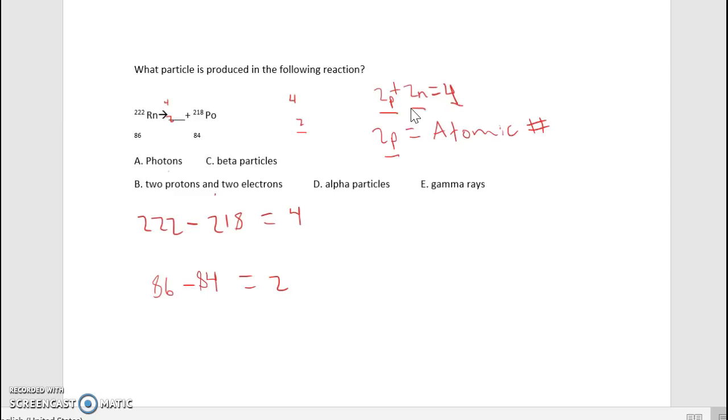And then again, our alpha particle has an atomic mass of 4, and as we see here, it concurs with the information that they've given us so far. So we can assume that the particle that's missing, or that will be produced when the reaction of radon occurs, will be the alpha particle, or D.